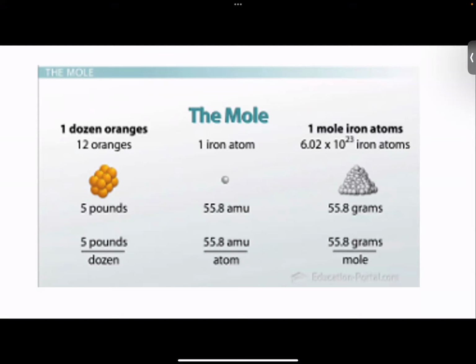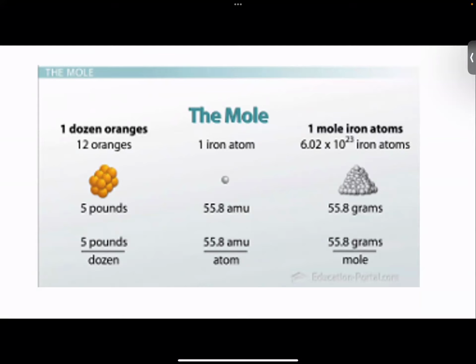We cannot manipulate one atom. The tip of a pen, the tip of a filament is too big to manipulate one atom of anything. So we don't talk in terms of one. Instead, we talk in terms of the chemist dozen. The chemist dozen is called a mole.